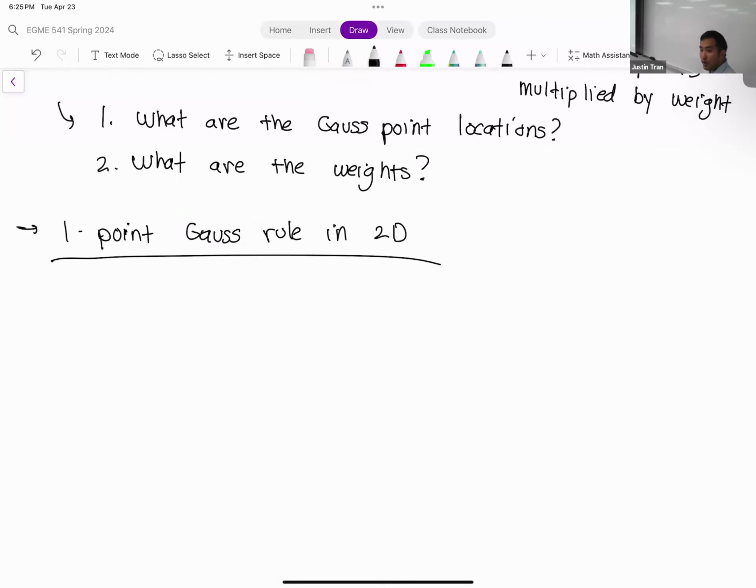We're just going to evaluate our integrand at the centroid, at 0, 0, and the weight is 4.